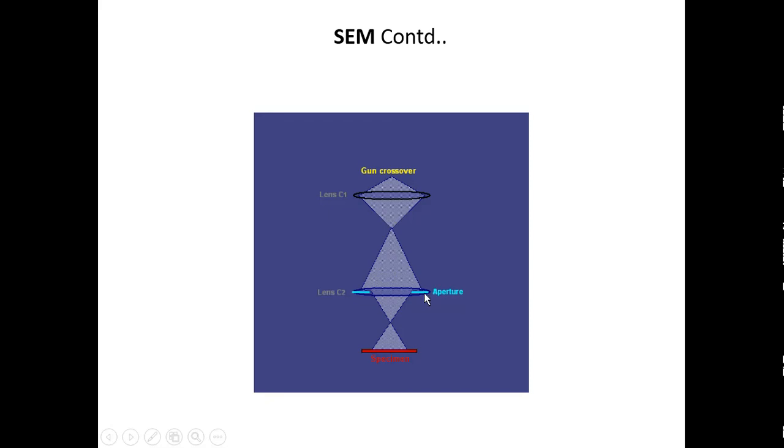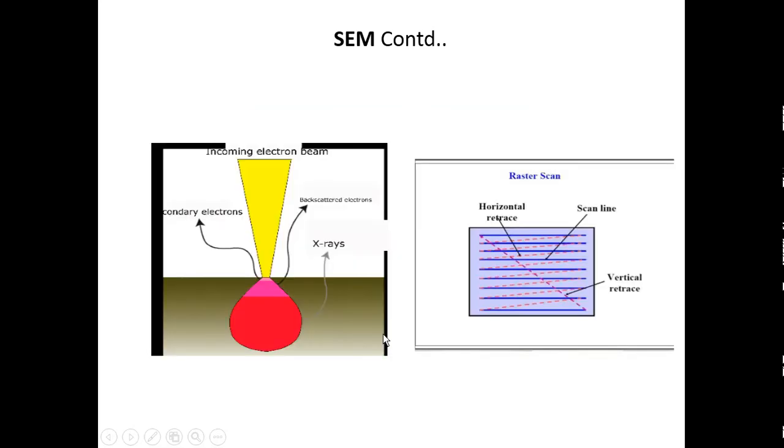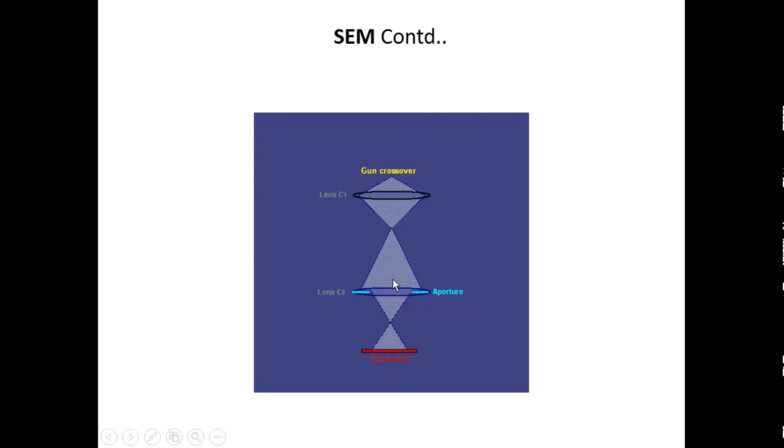And here is lens 2, and here also we have the aperture, that is the final lens aperture, and from there this is the specimen surface over which this beam is falling with a high energy, so that specimen interaction takes place. So specimen interaction takes place in this scanning electron microscope.